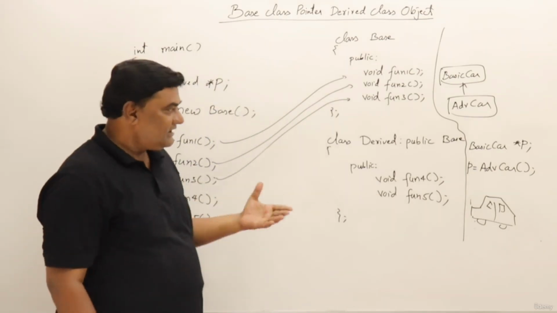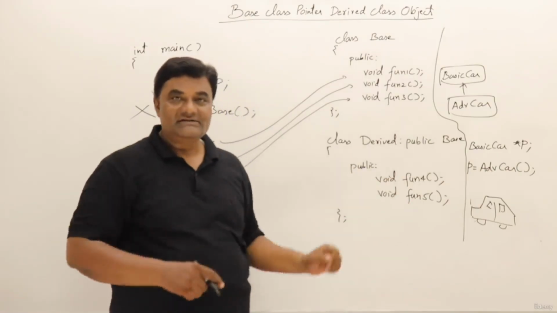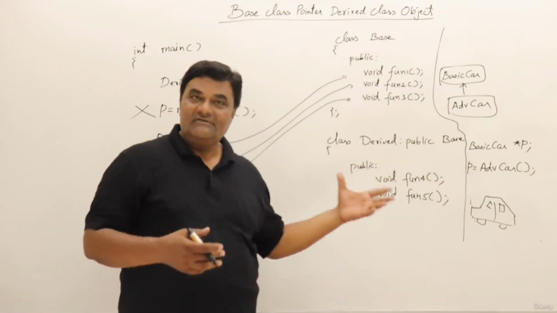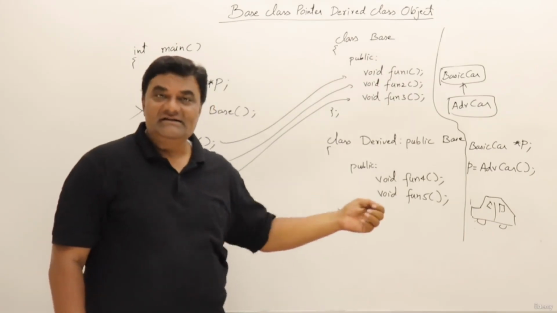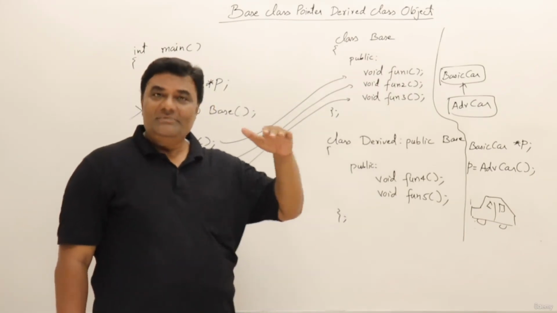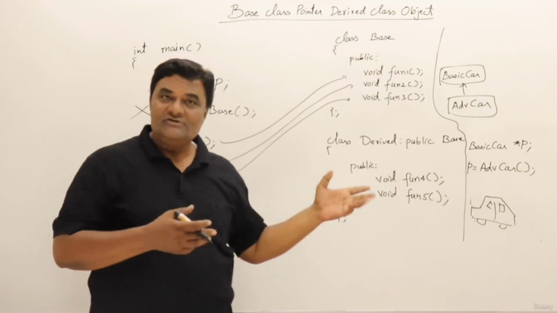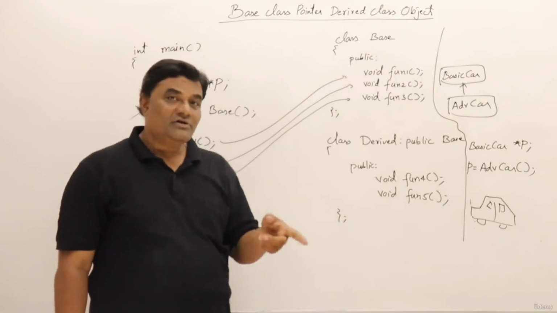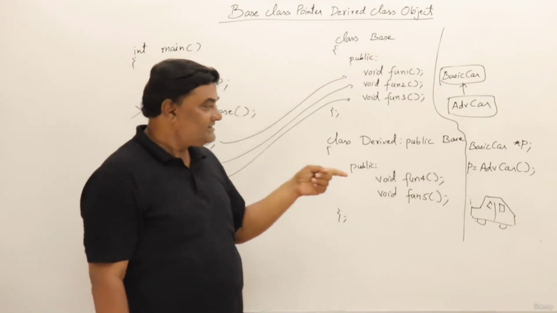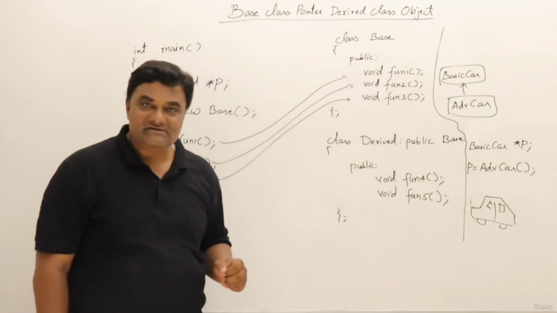If I say advanced car, many of the features of advanced car are not available in that one. If I think that it is an advanced car, I cannot use the features. If I try keyless entry, it's not there. If I try to open the moonroof, it's not there. If I try to start AC, it's not there. So it means the methods of advanced car are not present in basic car. So you cannot call a basic car an advanced car.